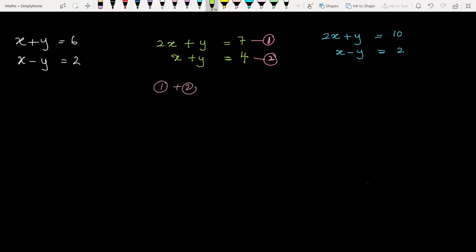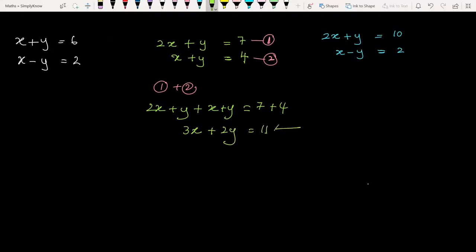Let's see what happens. 2x plus y plus x plus y equals 7 plus 4. 2x plus x is 3x, plus y is 2y, and 7 plus 4 is 11.